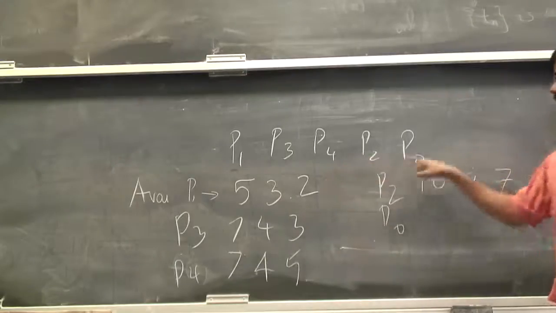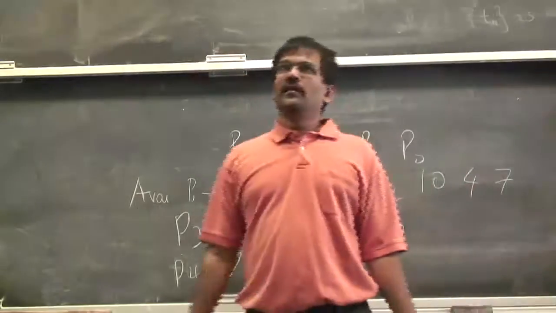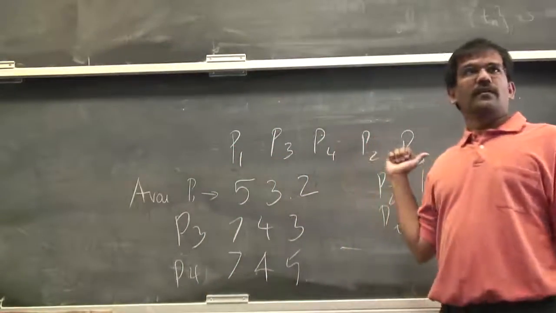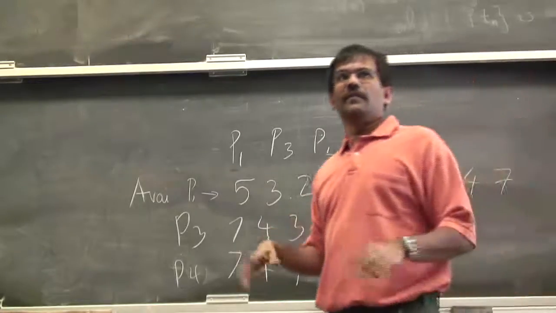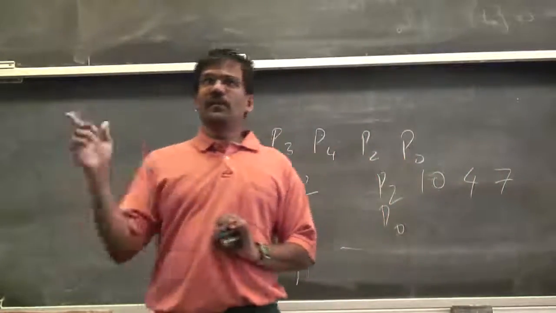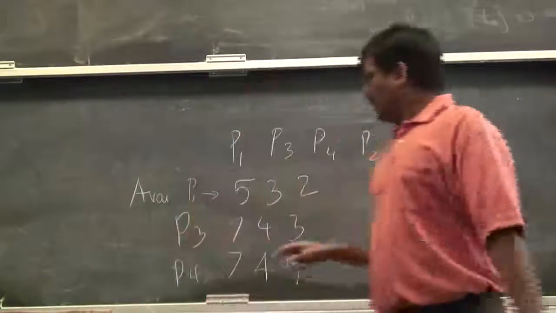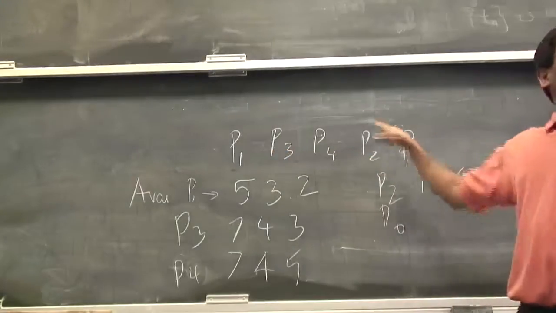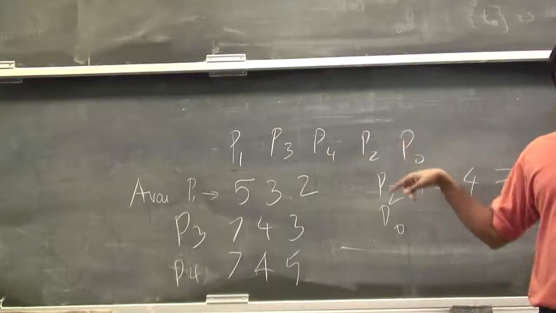And if you go with this sequence of events, then eventually P0 can get all the resources that it wants and can finish, right? So right now the state that you are in is a safe state because there exists one of those sequences. And the operation of finding out this sequence, P1, P3, P4, P2, P0, is what the banker's algorithm tries to find.